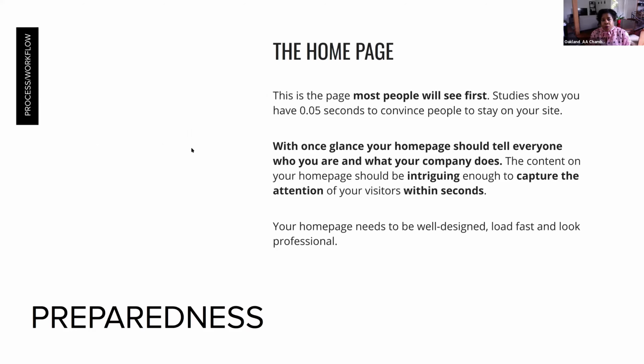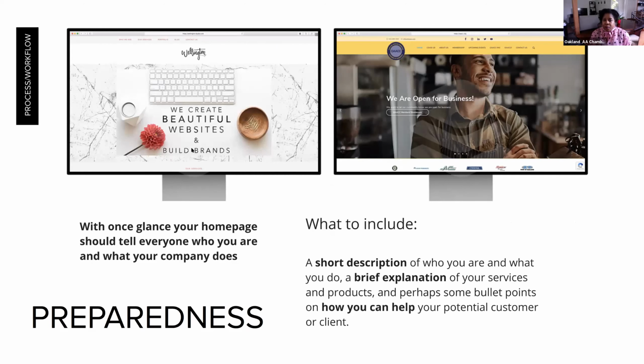So what makes a homepage a good homepage? Again, I've mentioned it before. At a glance, you should tell people what you do. I use my homepage as an example because I can recommend things to my clients, but they don't always take my advice. It just so happens that the OAACC took my advice, but at a glance, my website tells people what I do.